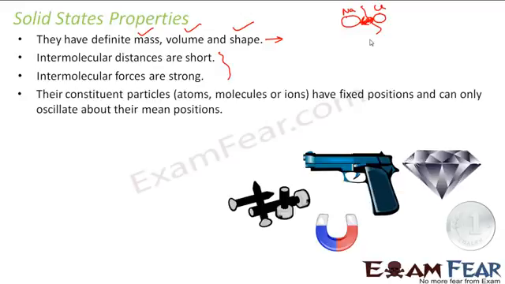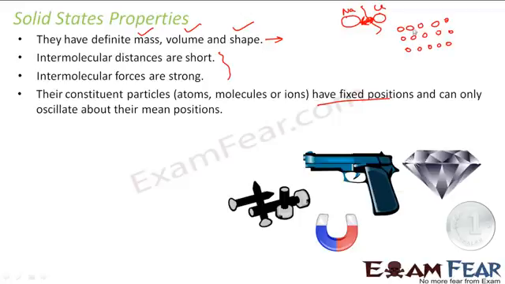And their constituent particles are in a fixed position. They have fixed positions and they can only oscillate about their mean position. We will talk about these when we talk about the actual interior structure of the solids. So if I have some crystals like this or any solid like this, these are the constituent particles. They are almost fixed in their position.